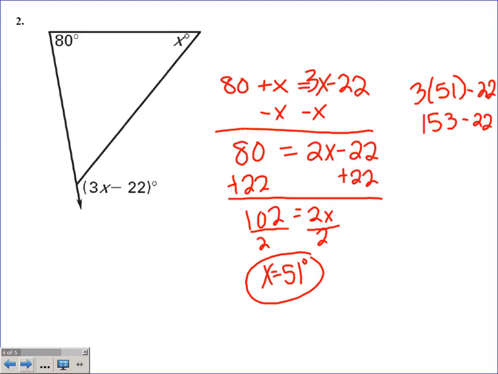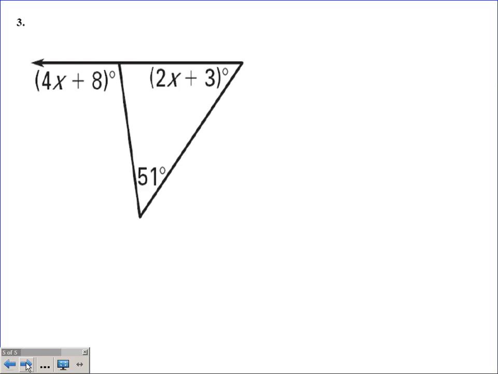So that'll give us a total of 131 degrees. Okay. So the idea here is that this measure, and then you should write it next to it. This is 51 degrees. This is 131 degrees out here. And you can check it really quickly. This is 80 plus 51. Is it the same as 131? It is. Okay, so I think it's a good idea to check those when you are done with it.